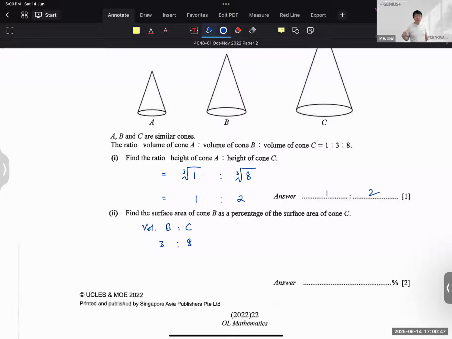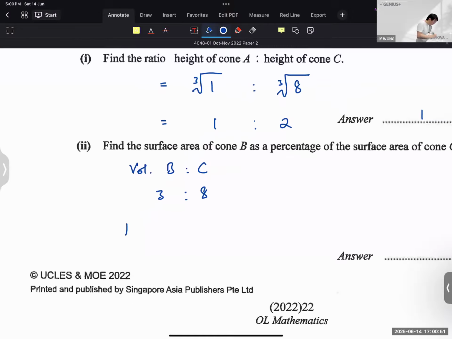You cannot find area scale directly. You need to go and find linear. So linear can be anything, for example, height. So height B to C will be cube root of 3 to cube root of 8.